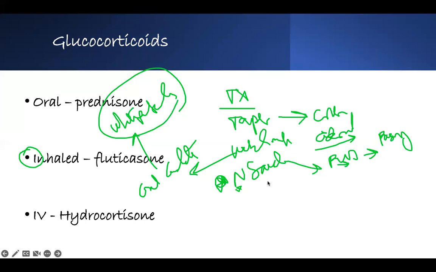So if the patient had what? Tarry, black stool, you tell them, no, that's not normal. We got to stop something, or we give you something to protect your stomach from getting ulcer because of the steroid. You see what I'm doing?